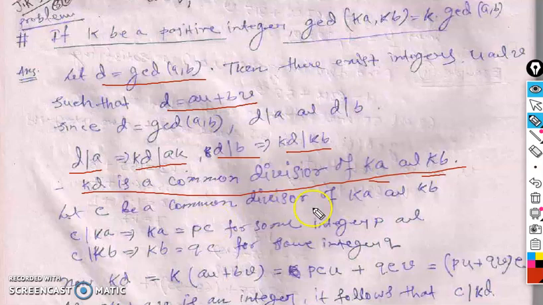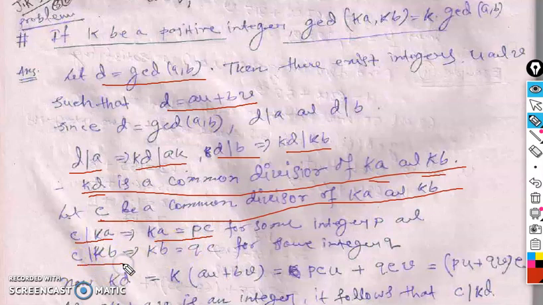If we consider c is any common divisor of ka and kb, if you can prove that this c is a divisor of kd, then we can say that kd is the greatest common divisor. So exactly for that reason here we consider c is a common divisor of ka and kb. Since c is a common divisor of ka and kb, therefore c divides ka, and ka can be written as some constant into c, and c is also a divisor of kb, so kb can be written as some constant into c.